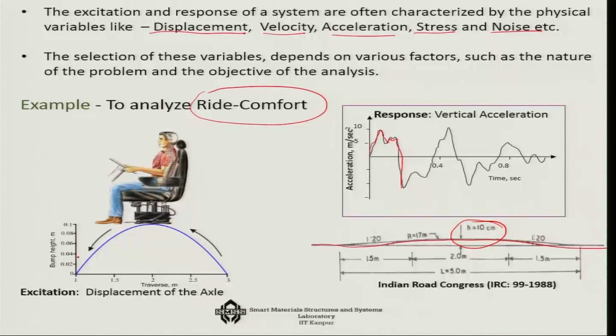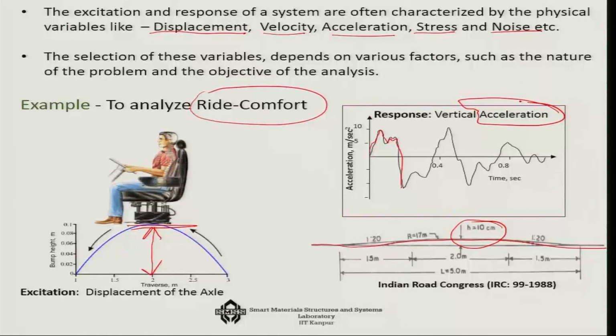That means you can see the bump height here. So the excitation here comes in terms of displacement. And what is the response? The response is in terms of acceleration of the system, mostly vertical acceleration; there can be other sidewise acceleration.